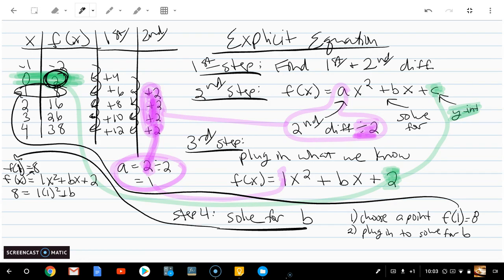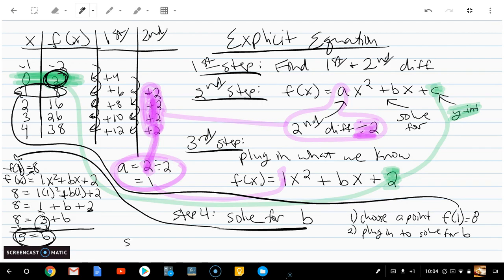So 8 equals 1 squared, which is 1, plus b times 1, plus 2. 8 equals 1 plus 2, which is 3, so 3 plus b. And you should know that this has to be 5 now, because 3 plus 5 is 8. But if you need to subtract to help you, then you just do that. So b equals 5.